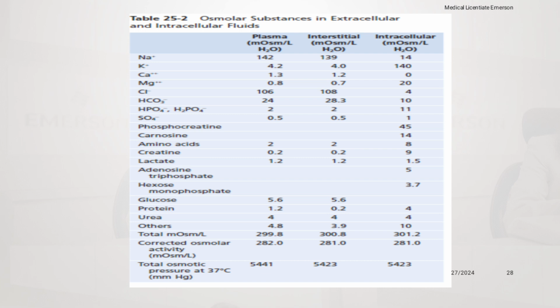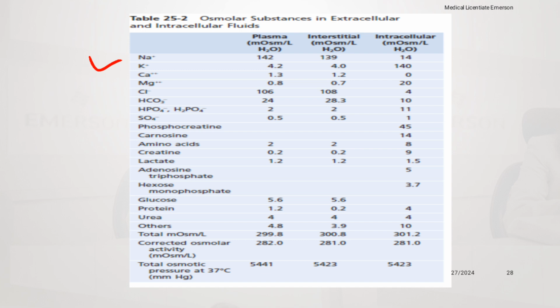Those are examples which you have to go through, and this is the table for the osmolar substances in extracellular and intracellular fluids. For sodium, the plasma milliosmolarity per liter of H2O is 142, for interstitial it is 139, and for intracellular it is 14. But we are not going to go through everything.